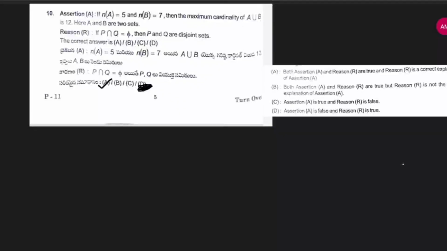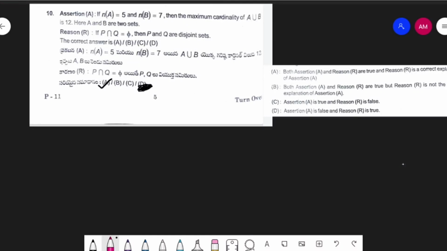Let us move to the 10th problem. The same model, assertion and reasoning. N of A is equal to 5, N of B is equal to 7. Then the maximum cardinality of A union B is 12. Here A and B are two sets. What is the relation between N of A, N of B and A union B?